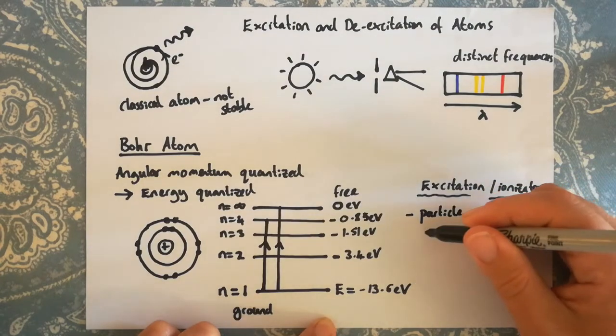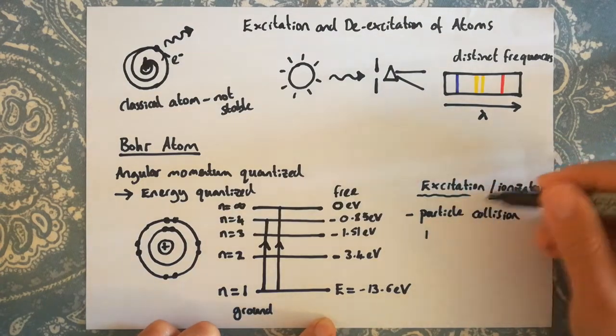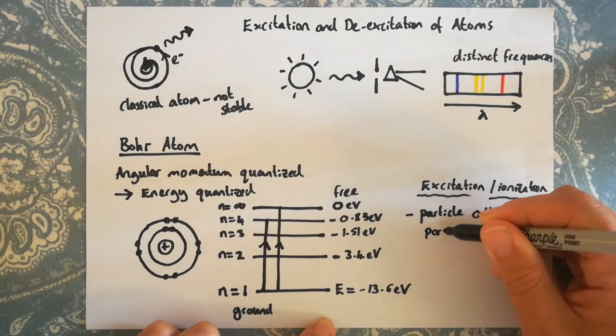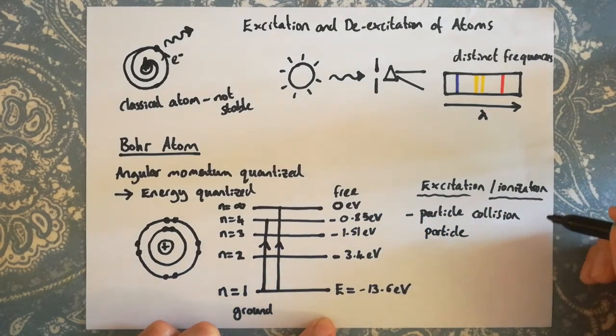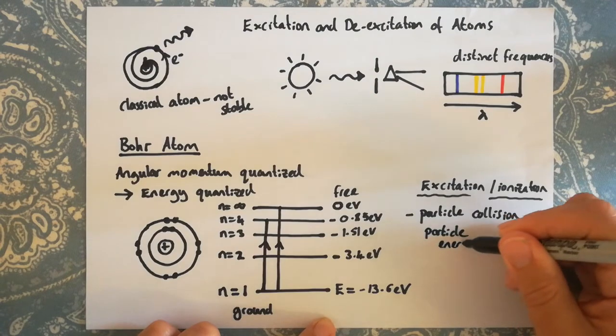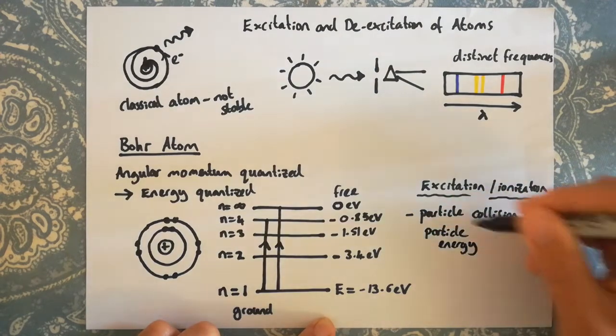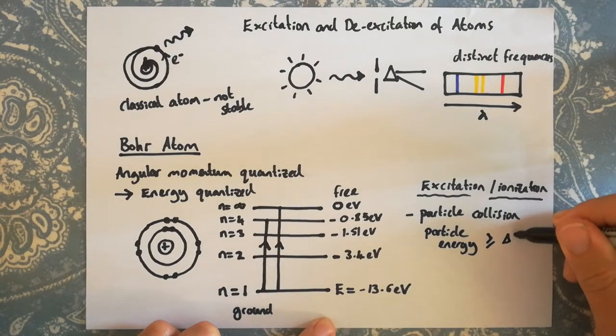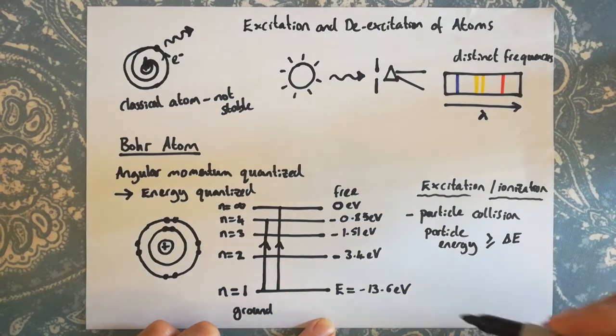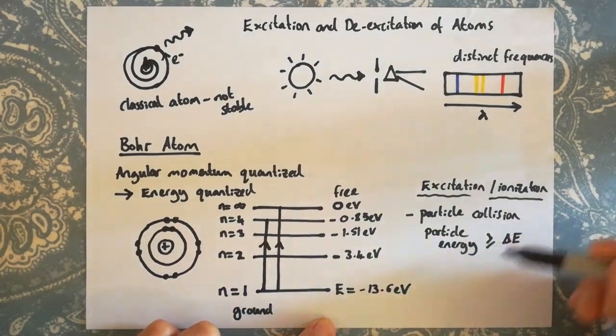So in order for either of these two processes to happen by particle collision, the only thing we require is that the colliding particle energy must be greater than or equal to the change in energy that we require. So I've used delta E here.